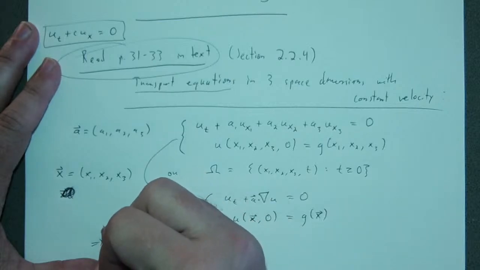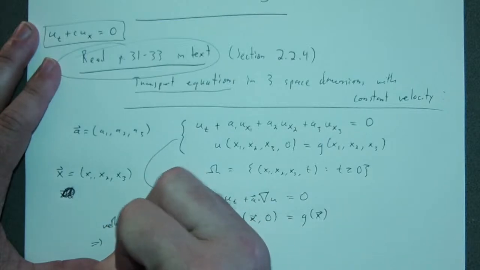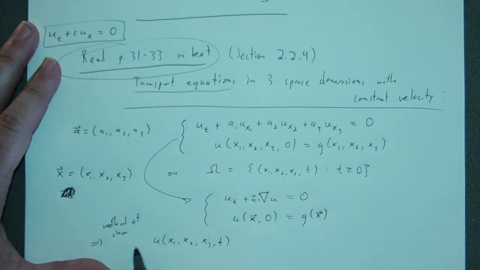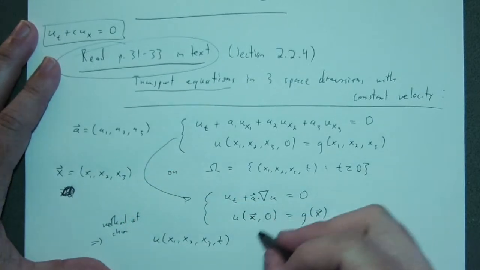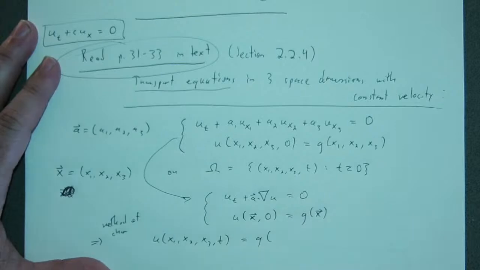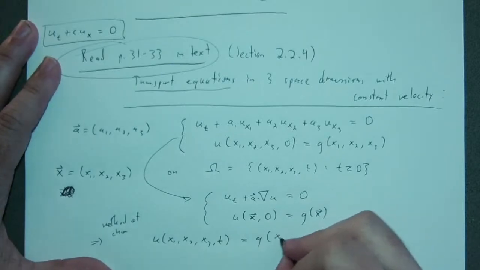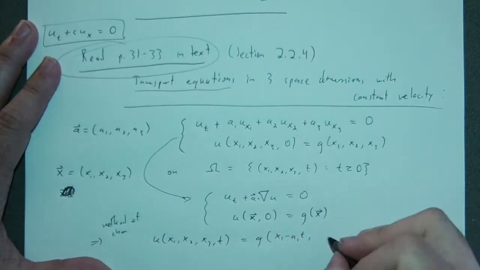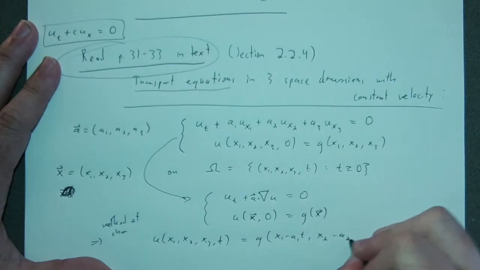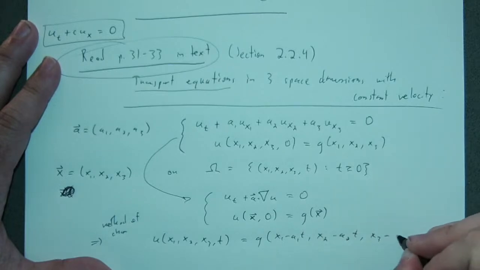The solution is g of x1 minus a1t, x2 minus a2t, and x3 minus a3t.